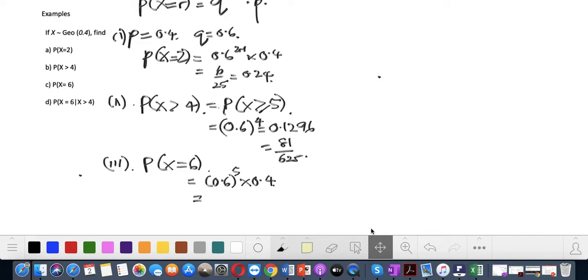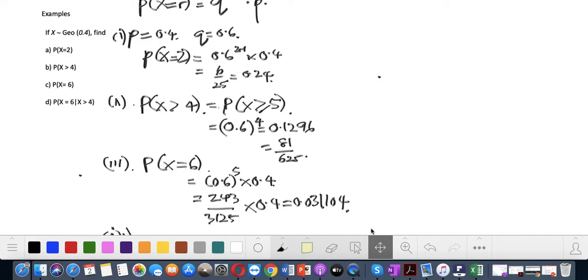So from there we get 243 over 3125 multiplied by 0.4, and my final answer is 0.031104.